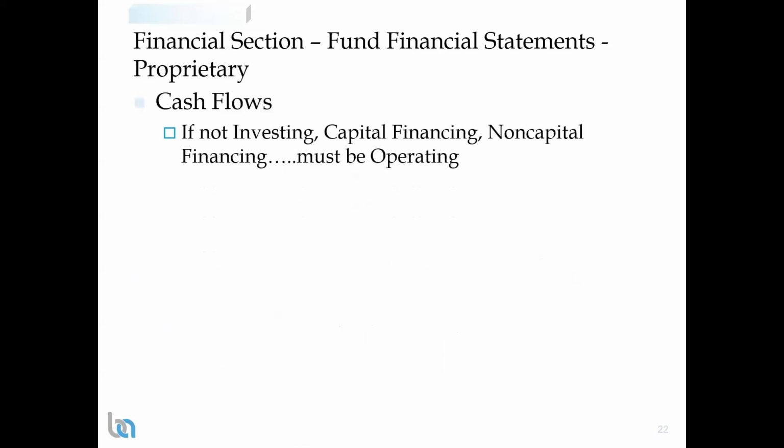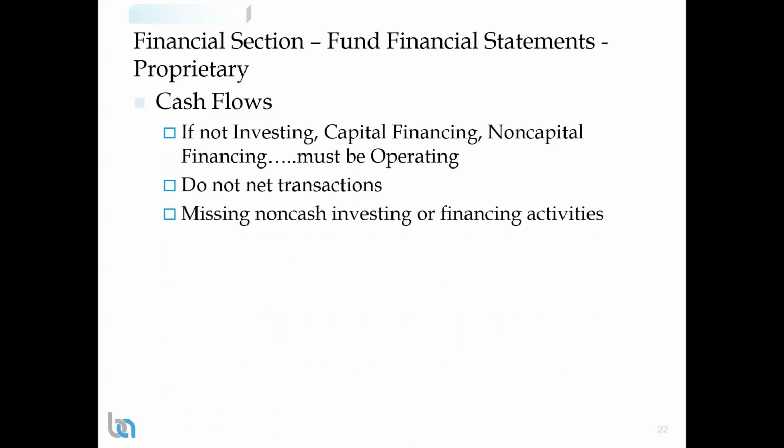Regarding the proprietary funds, I guess it's something similar to what GASB 103 will clean up. That is, if it's not investing, capital, or non-capital, then it's operating. Do not net transactions, and missing non-cash activities.